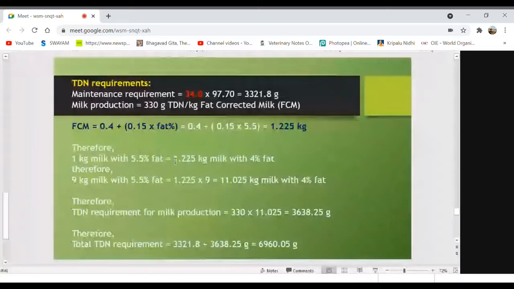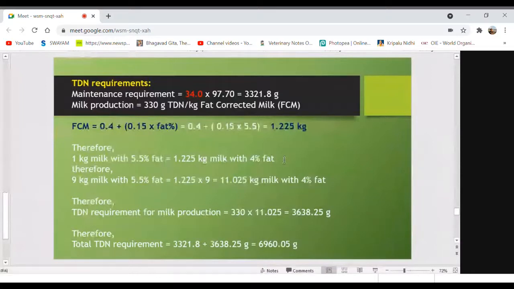So this is the meaning. Therefore, how many kg milk was there? It was 9 liter, 9 kg. So 9 kg milk with 5.5% fat is equivalent to 1.225 into 9, it is 11.025 kg milk with 4% fat.